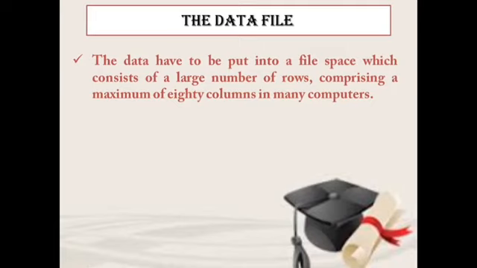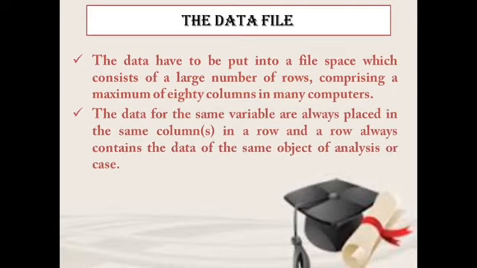The data for the same variable are always placed in the same column in a row, and a row always contains the data of the same object of analysis or case. Cases are often people, but can be any unit of interest such as family, school, hospital, region, or nations.